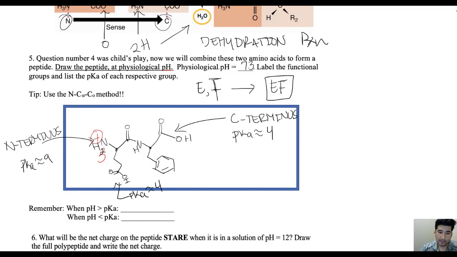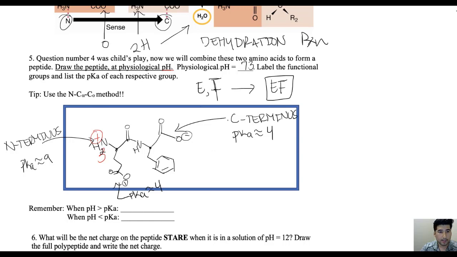And notice how the pH is greater than this pKa, so that means we're going to deprotonate, and it becomes an O-. And similarly, over here, the pKa is 4, and the pH is 7.3. Since the pH is higher, we must deprotonate it. And that's that right there.